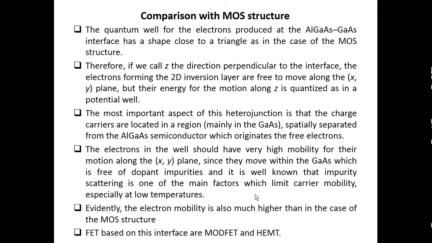FET based, meaning field effect transistors based on this particular interface, that is heterojunctions, are usually the MODFET and HEMT. MODFET and HEMT are the best examples of heterojunction transistors or heterojunction devices.